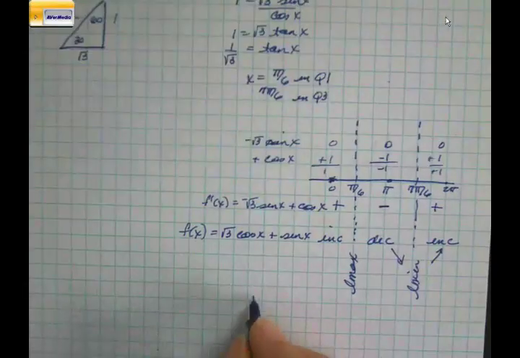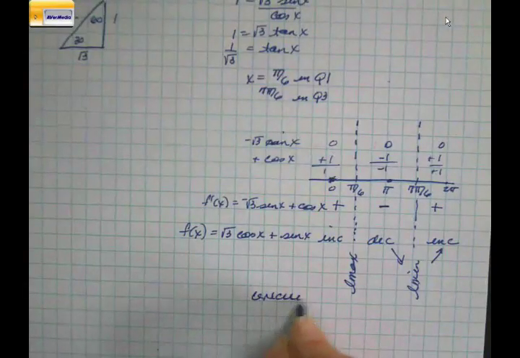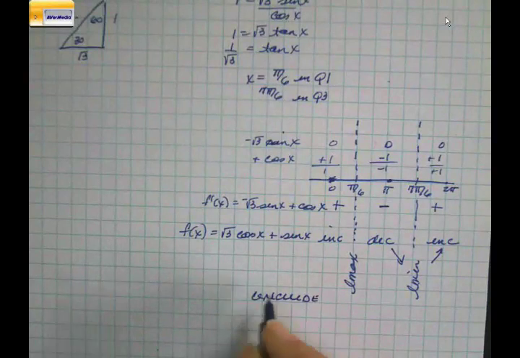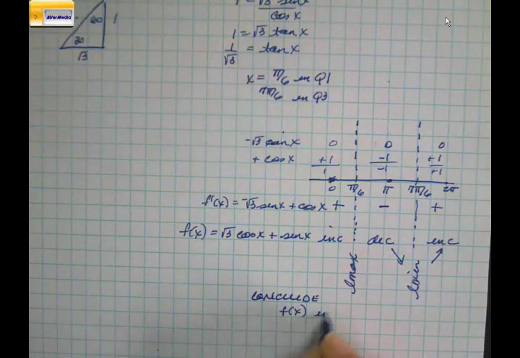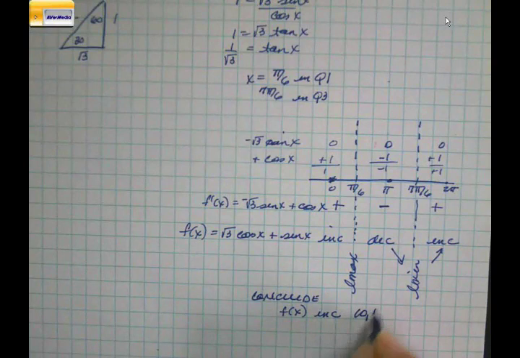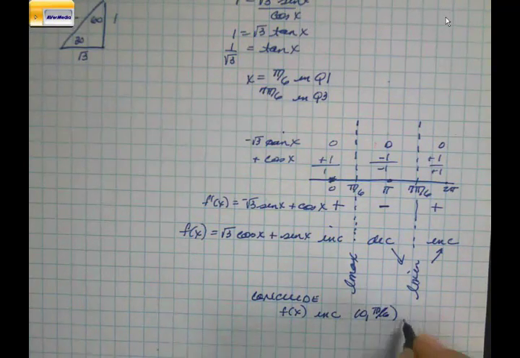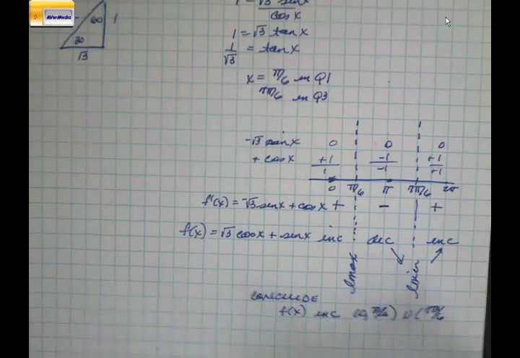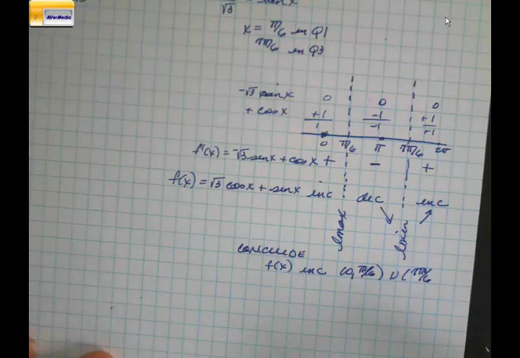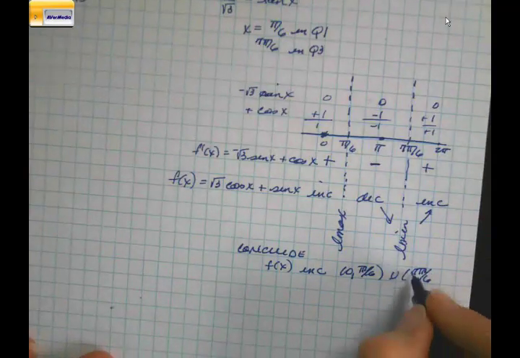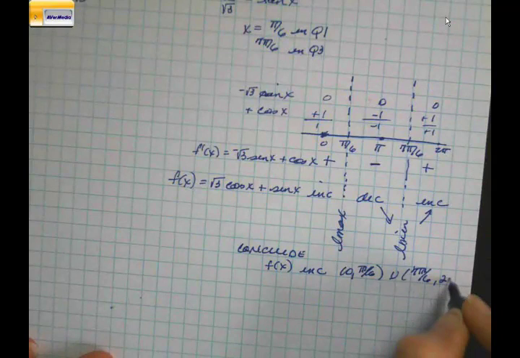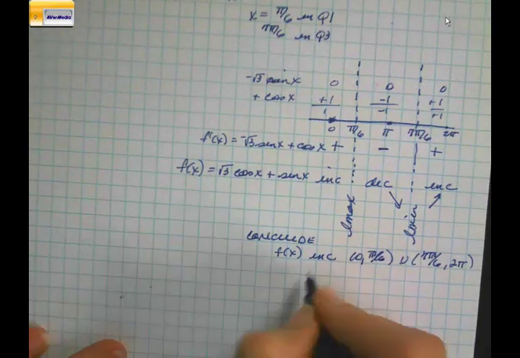So at this point, we can conclude that with this limited range of 0 to 2 pi, we believe this original function is increasing from 0 to pi/6, and then also from 7 pi/6 to 2 pi.